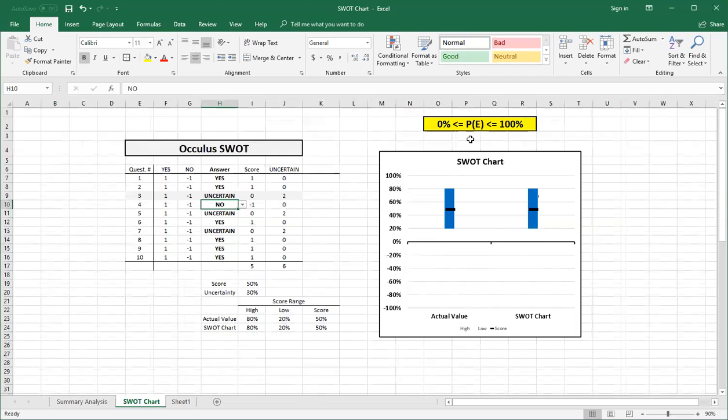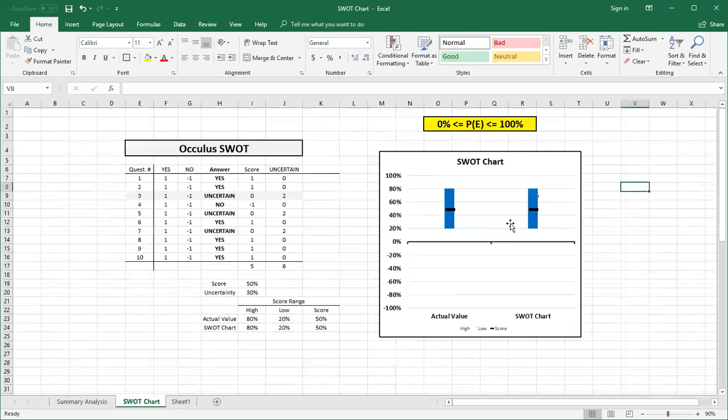So 0 is the lowest you can go. By the same token, if I say the probability of rain tomorrow is 100%, then it's absolutely going to rain tomorrow. A probability of 120% of rain tomorrow is meaningless too.